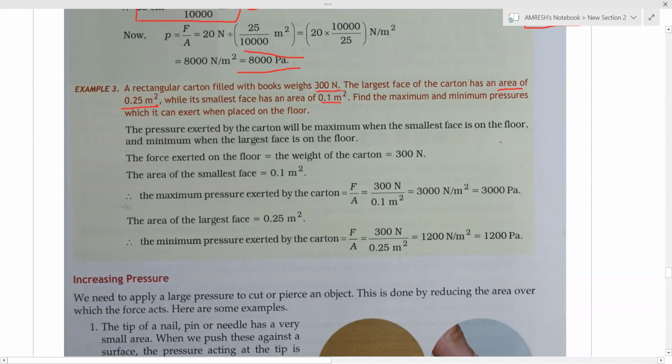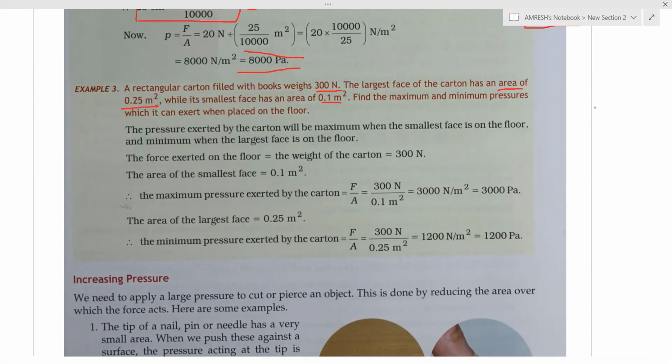In a rectangular carton, the areas of the faces are different. In a cube, the areas are the same, but in a cuboid the areas of all faces are not the same. The opposite sides are equal, but all the sides are not equal. Only the opposite sides are equal in a rectangle.